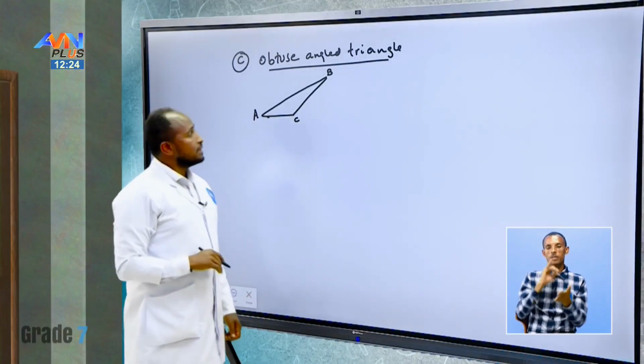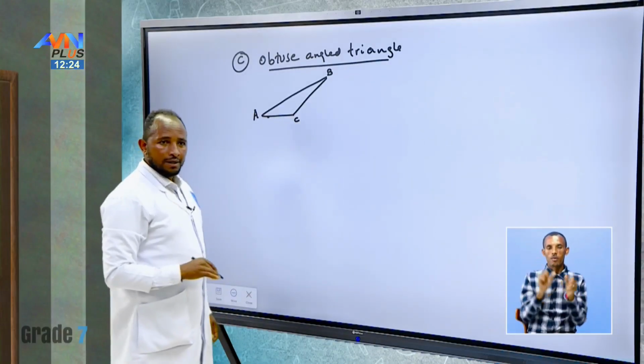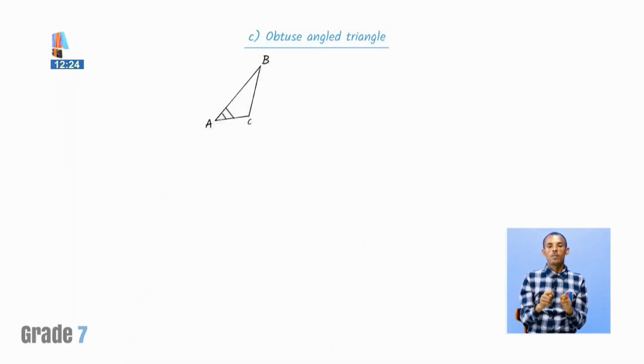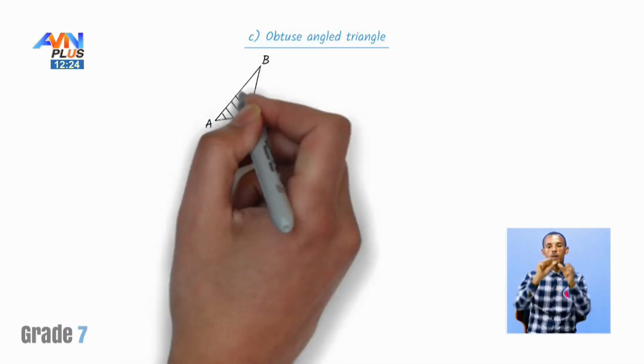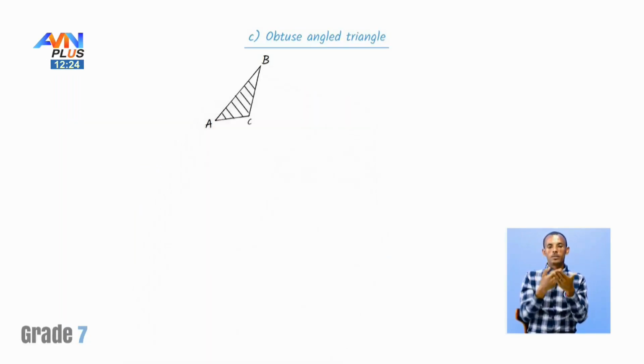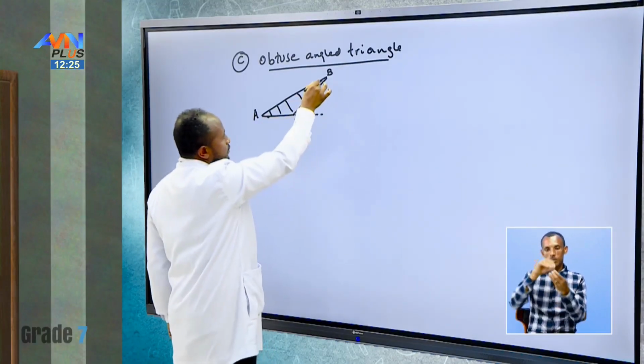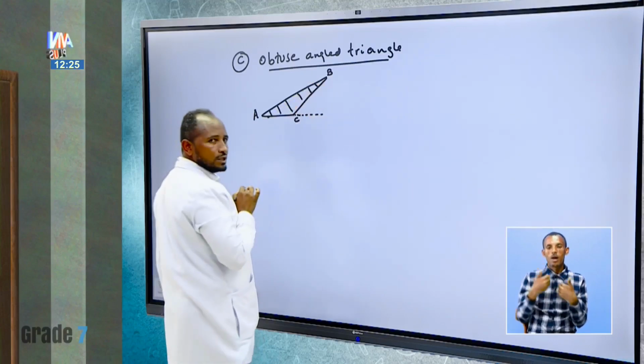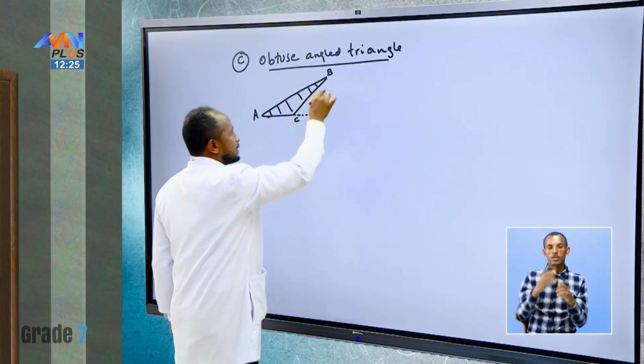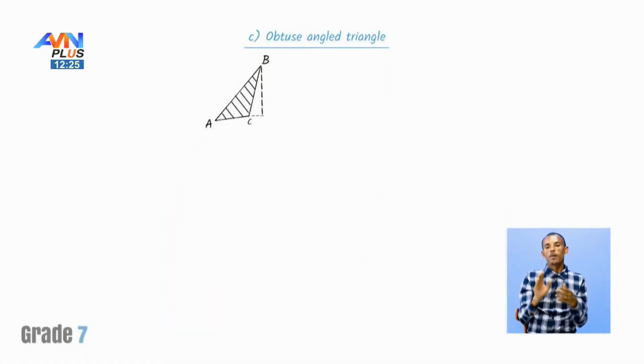To calculate the area of such a triangle, what you do is, we are asked to calculate this area. To calculate this, extend or draw an altitude from point B to the extension of this side. Since we don't have an altitude in this direction, the altitude would be outside, on the extension of side AC.